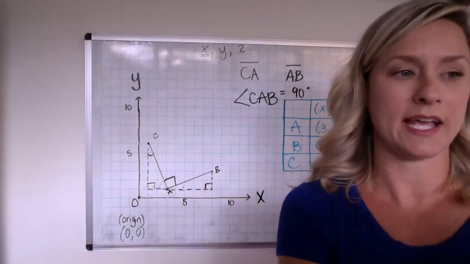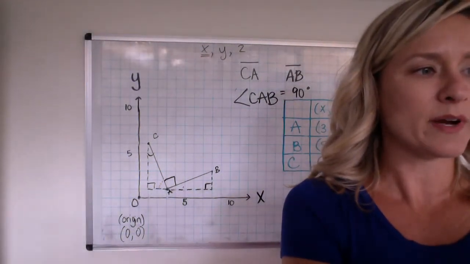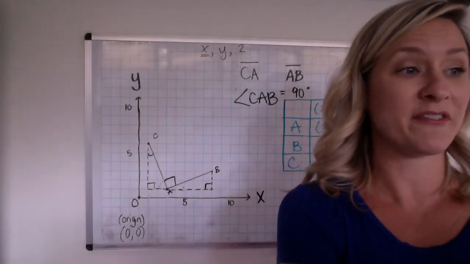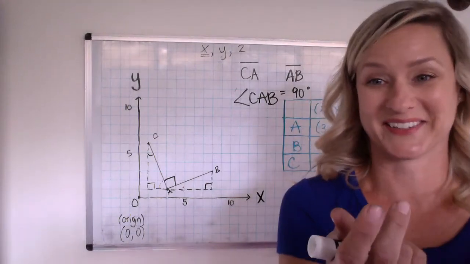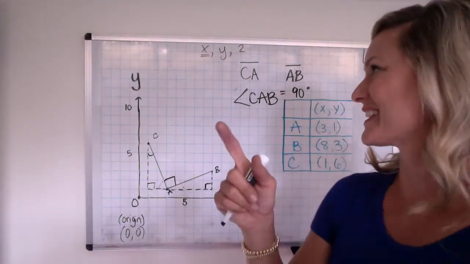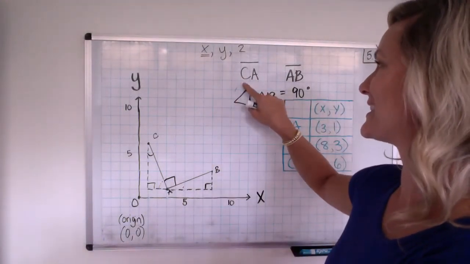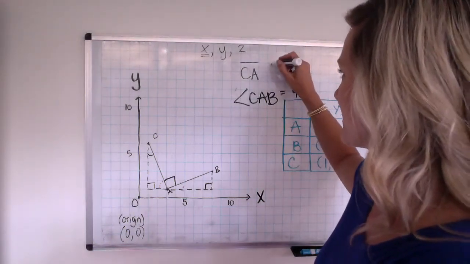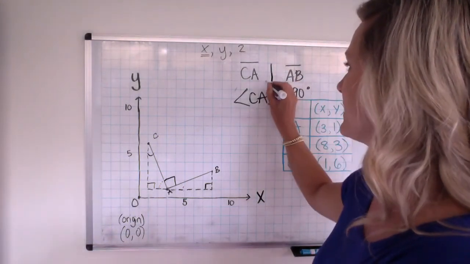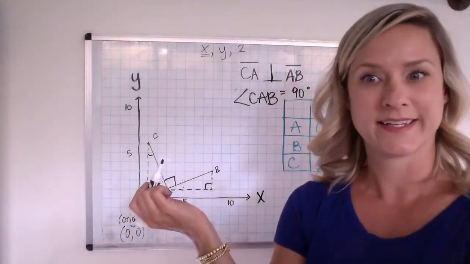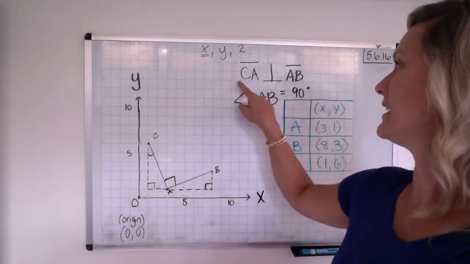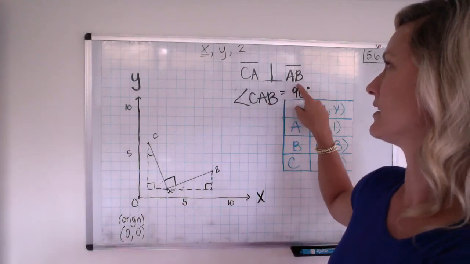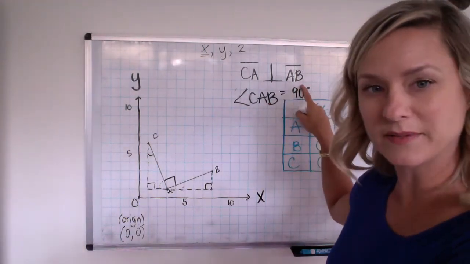Perpendicular to line AB. And the way we write this is kind of funny because it actually looks just like a perpendicular line. So we're going to write it like this. Line segment CA is perpendicular. And you go like this. Look, you could put little right angles in there. Line CA is perpendicular to line segment AB.